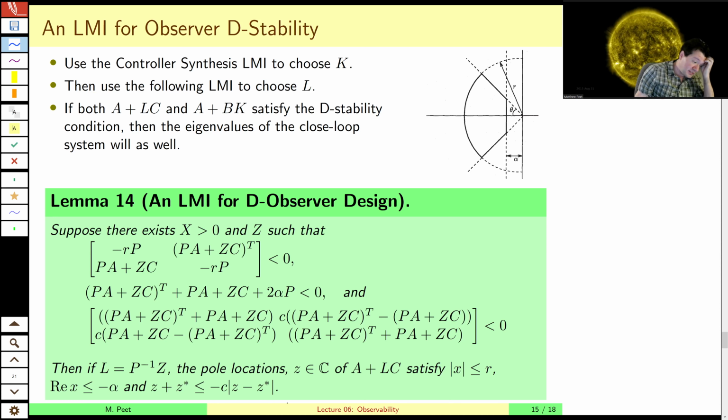Finally, if we want to do more LMIs, we can stack them up. We can do D-stability for our observer as well.